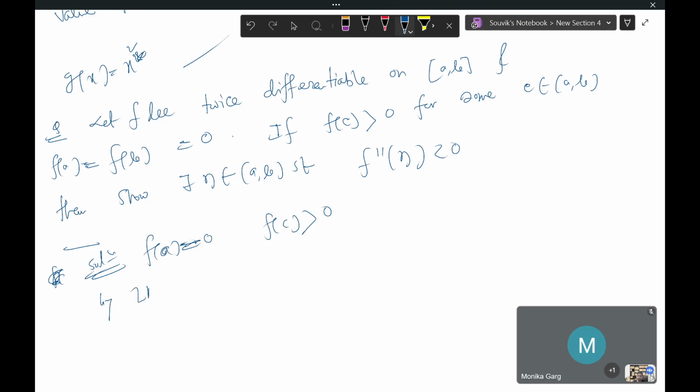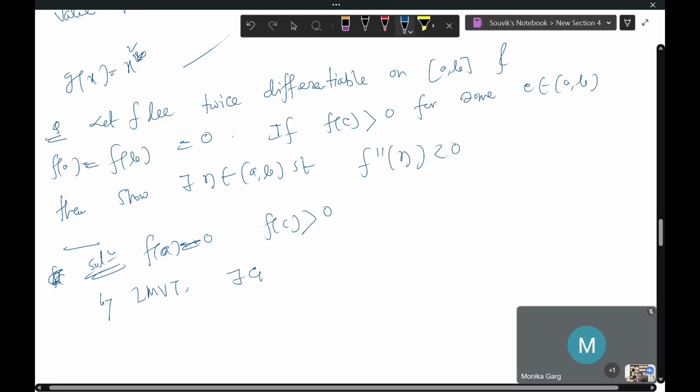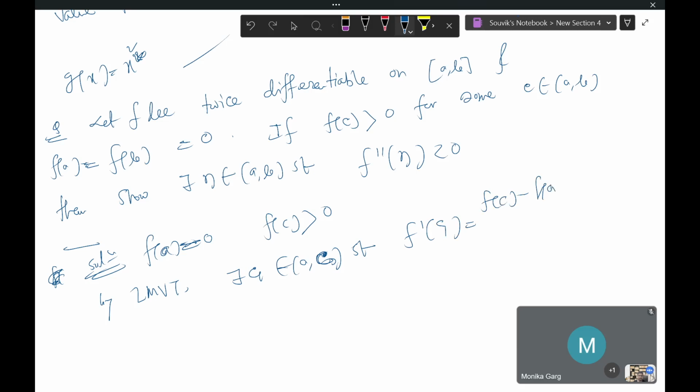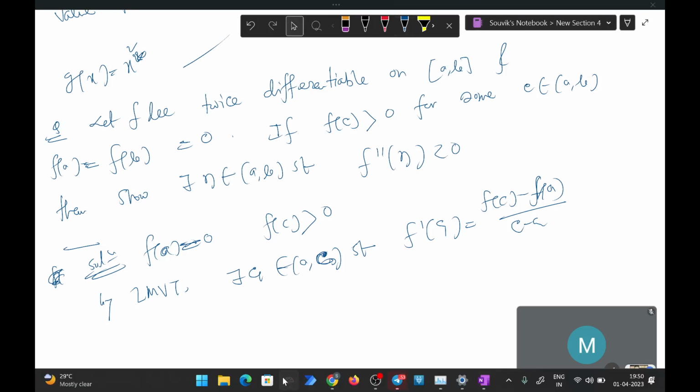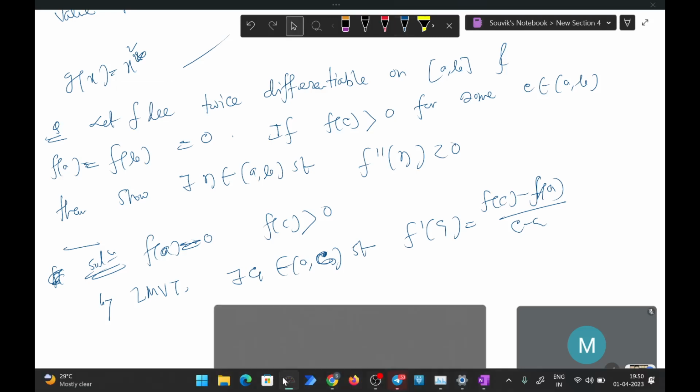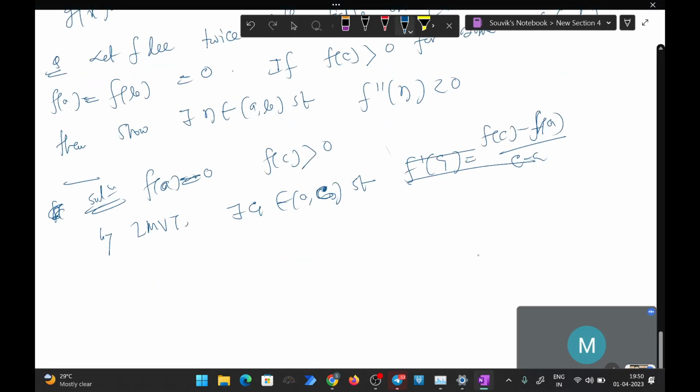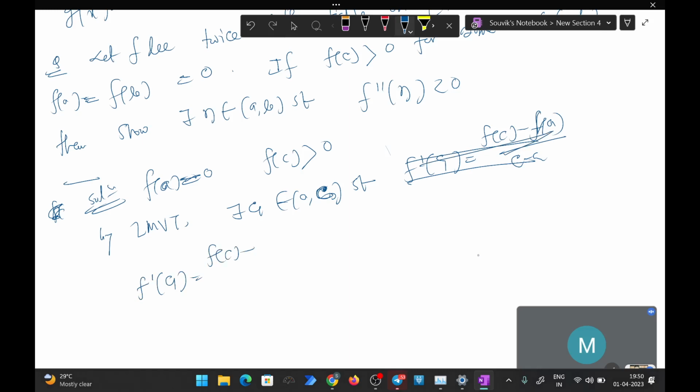By the Lagrange mean value theorem, we can get c1 belonging to (a, c) such that f'(c1) is equal to f(c) minus f(a) by c minus a.